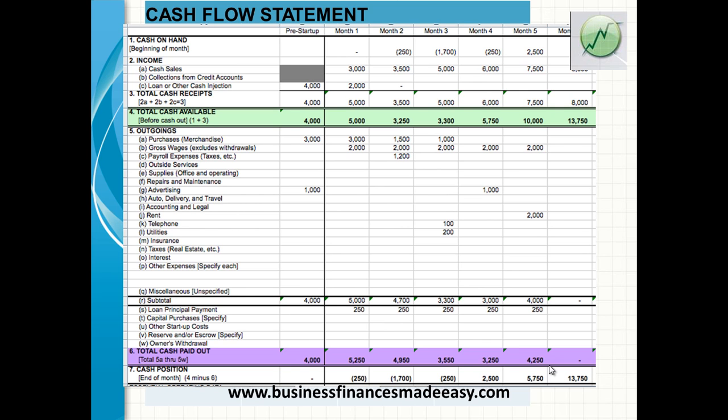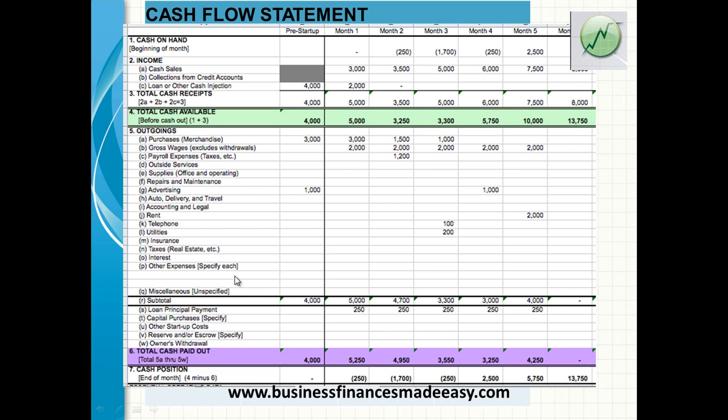As a lender or potential investor in your company, I want to check how you're doing. I will check your cash flow statement as one of the financial statements I need to assess in order to have an opinion of how strong you are financially.